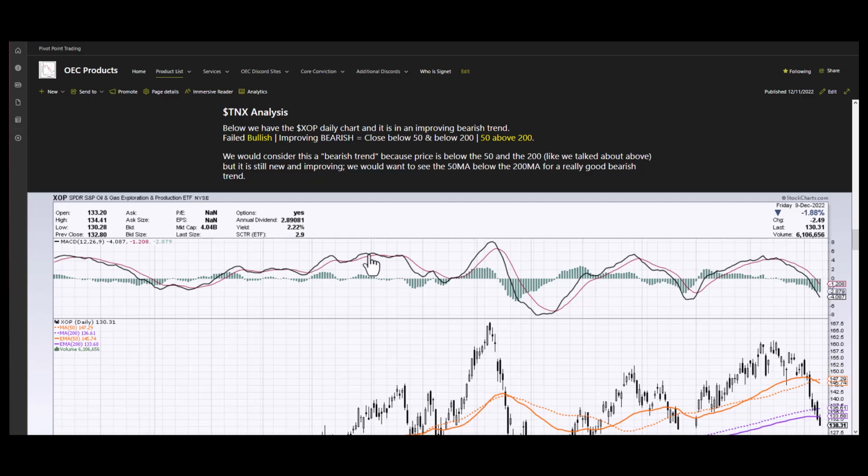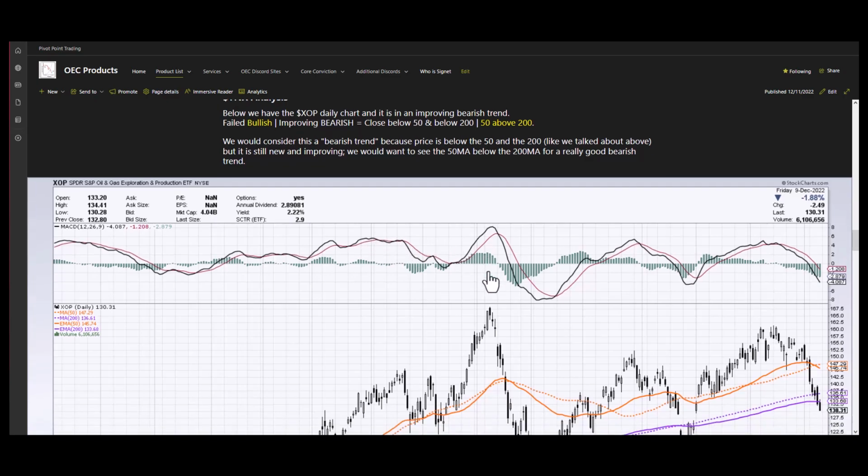We would consider this a bearish trend because price is below the 50 and price is below the 200. But that bearish trend, it's just getting started. It's kind of a young bearish trend. It really hasn't established itself really well yet. We want to see that 50 get below the 200 period moving average, and then we would have a good bearish trend.